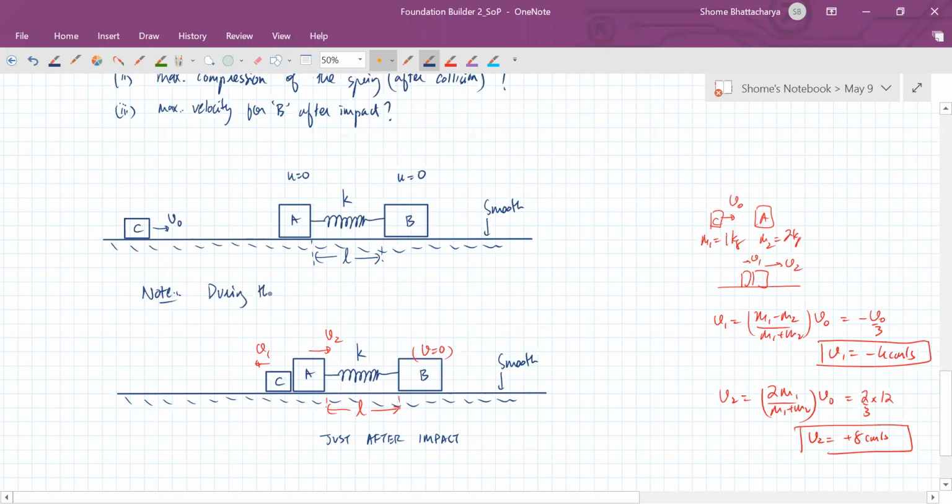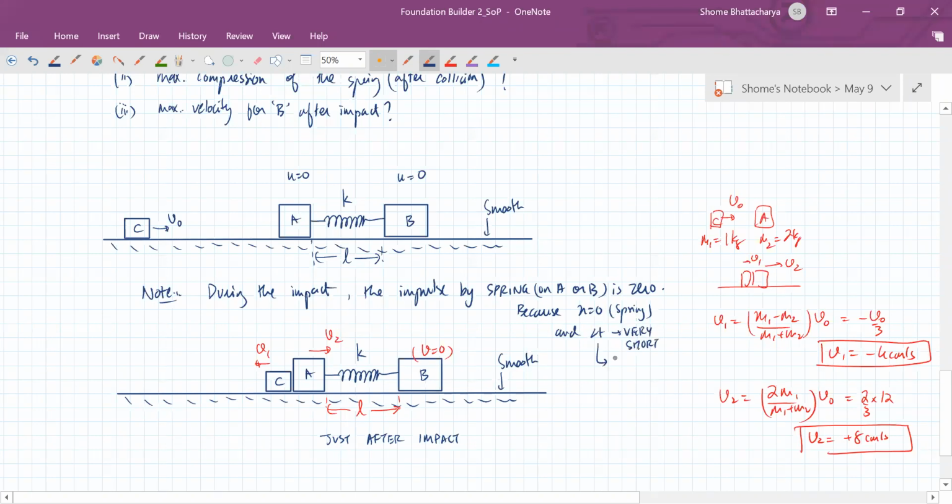Okay, so the idea here is that during the impact, the impulse by the spring on A or B is 0, because x is equal to 0 for the spring, and the time is very short.